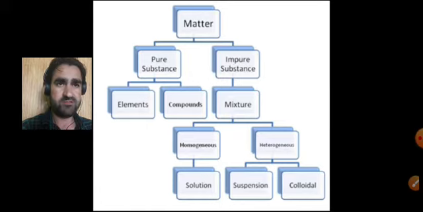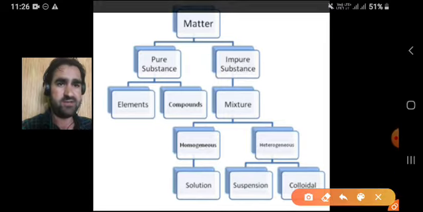As you can see, matter around us exists as pure substances and impure substances or mixtures. Pure substances can be either elements or compounds. Impure substances are also known as mixtures.